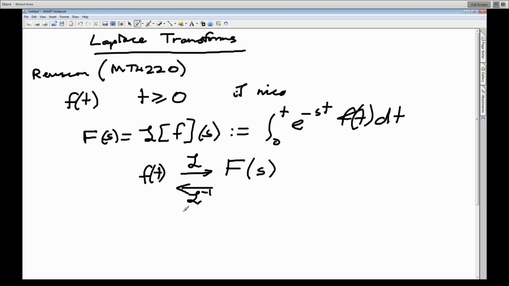So the main application we have in mind is ordinary differential equations. In particular, we're going to look at initial value problems. In an ordinary differential equation, we know what things are at t equals 0. That's the situation we want to consider.